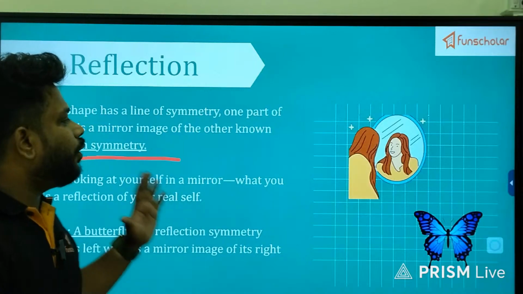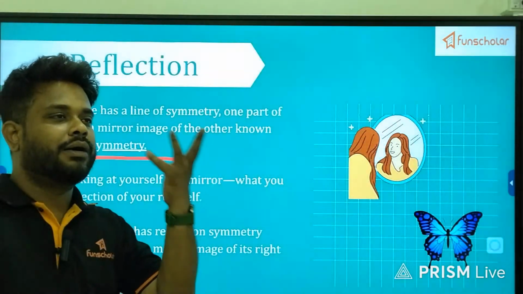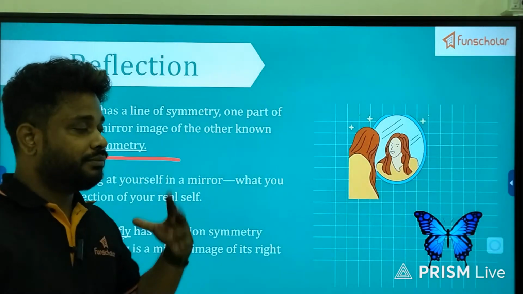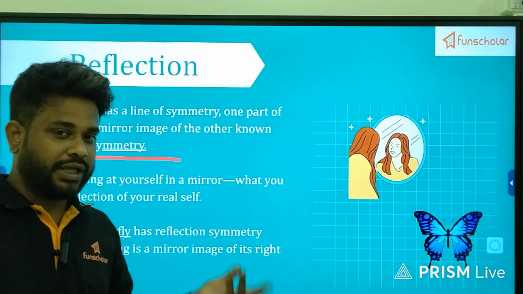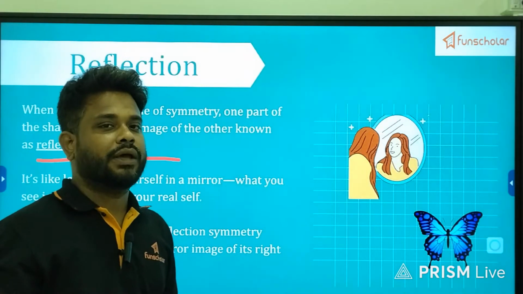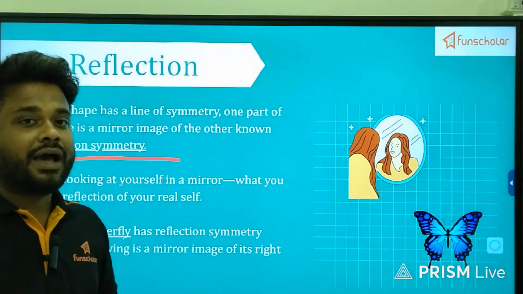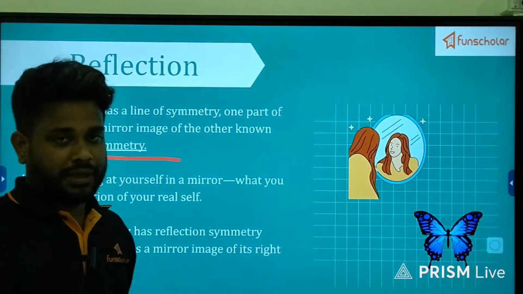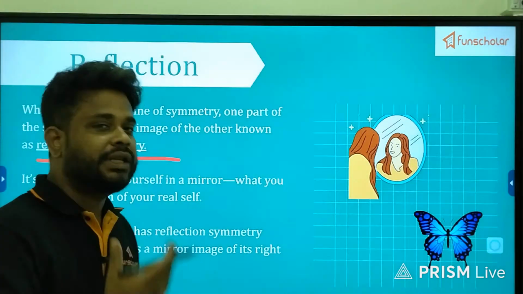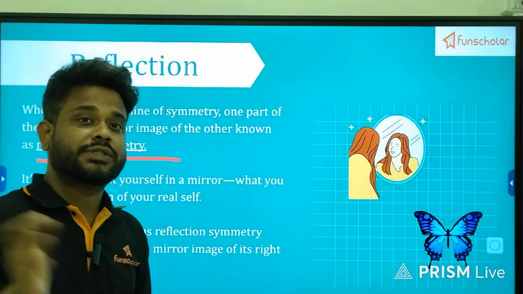Okay, so we all check our face in the mirror in the morning or before going out somewhere. So we generally see our face in the mirror. So a mirror image is actually a symmetrical figure of yourself.